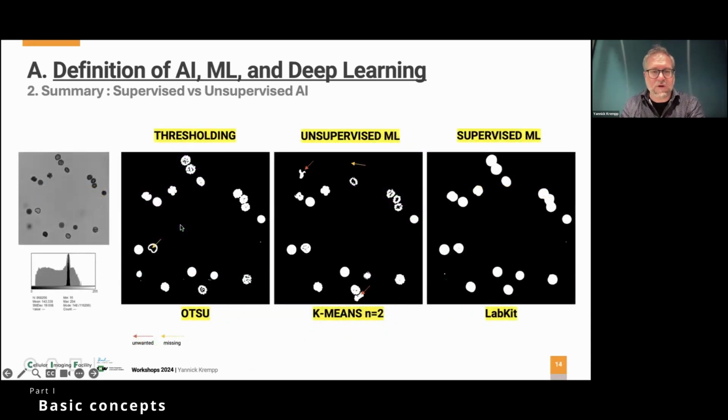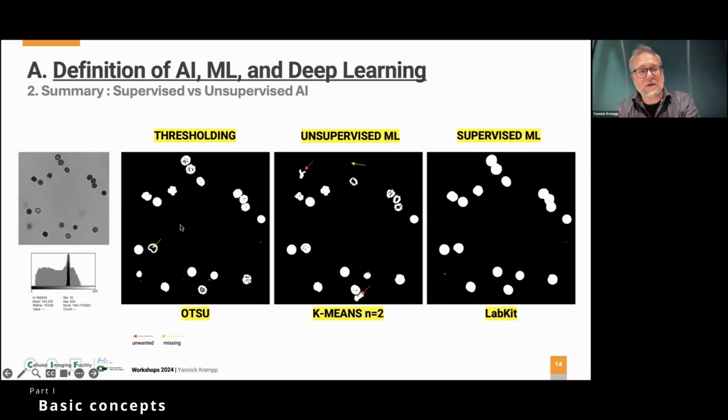To illustrate the difference, supervised models will generally perform way better for image-oriented tasks, like segmentation, for instance. We give an example of what we want, and the model tries to adjust its weights towards this example.